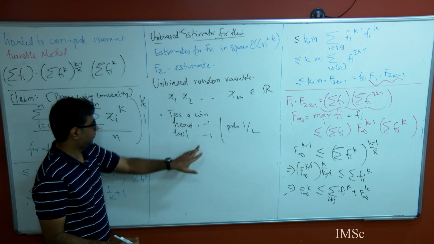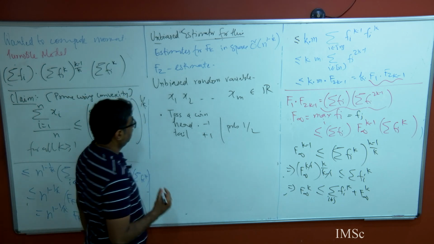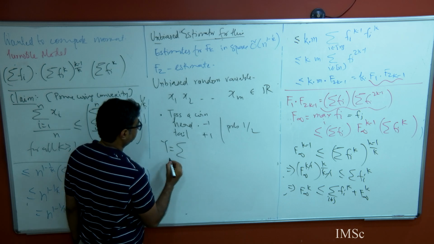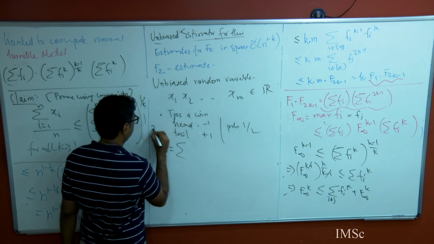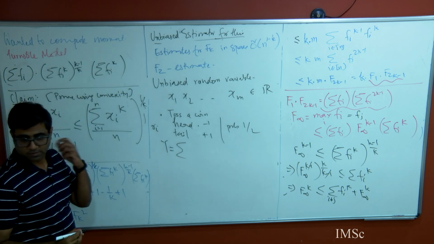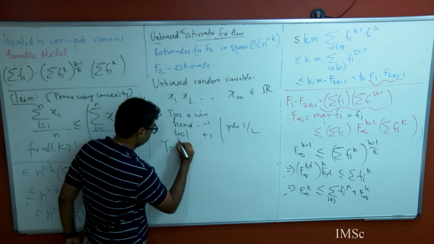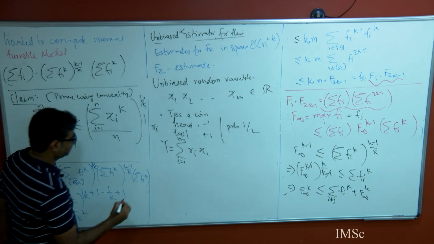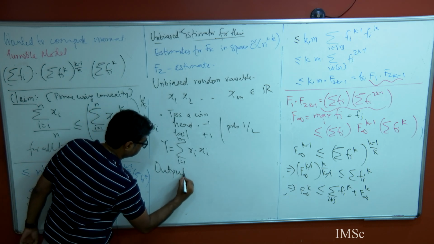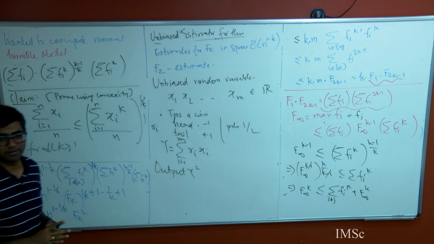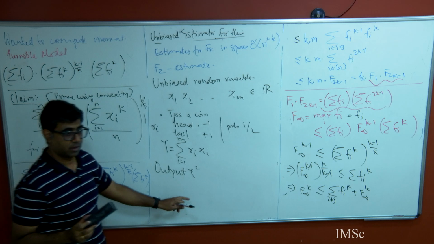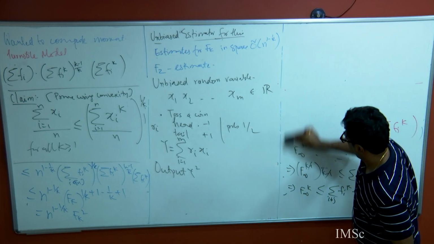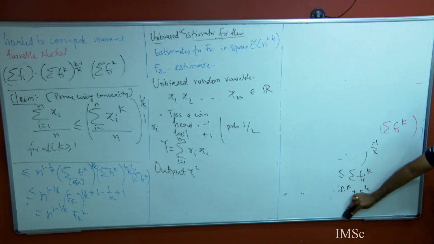Suppose Ri is your random variable at the ith instance. So you compute the sum of Ri times xi, and I am going to output Y squared. So Y squared is my random variable. What is the expectation of Y squared? This is a fairly simple algorithm, right?